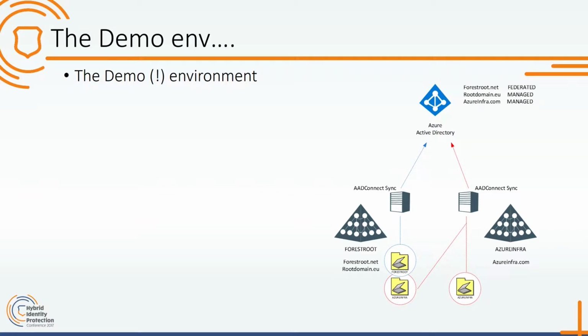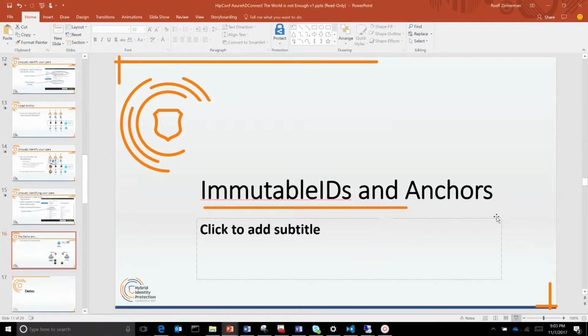But I actually have a second domain controller on the Azure Infra, and it looks at both forests in the Azure Infra OUs, and then synchronizes those users up to the same Azure Active Directory tenant. Does anyone have any questions about this environment? Does it look familiar to any situation that you would actually encounter in the field? It does, right? Perfect. So no one has questions. Let's mess it up.